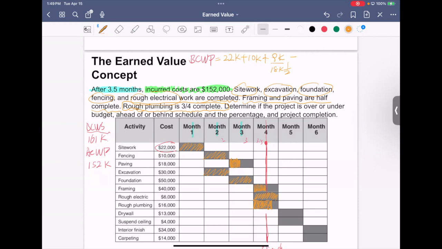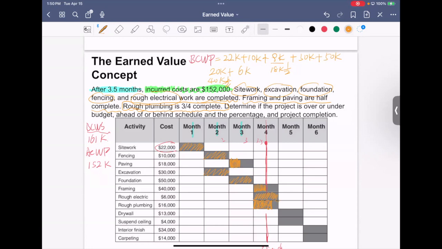Okay. And then we have excavation is 30K done, right? We have foundation is 15K done. And we have the framing is 20K. It's because 4 times 1.5, right? And then we have the rough electrical, how much? 6K all done, right?